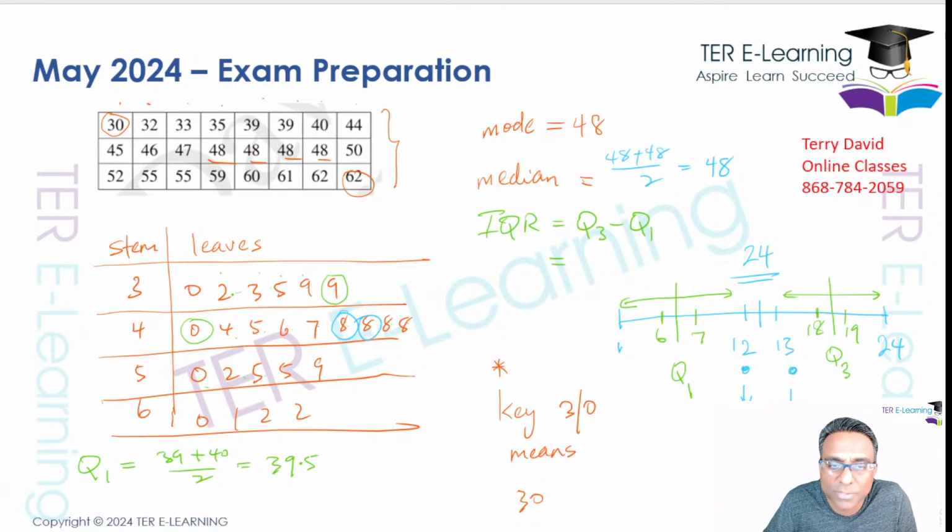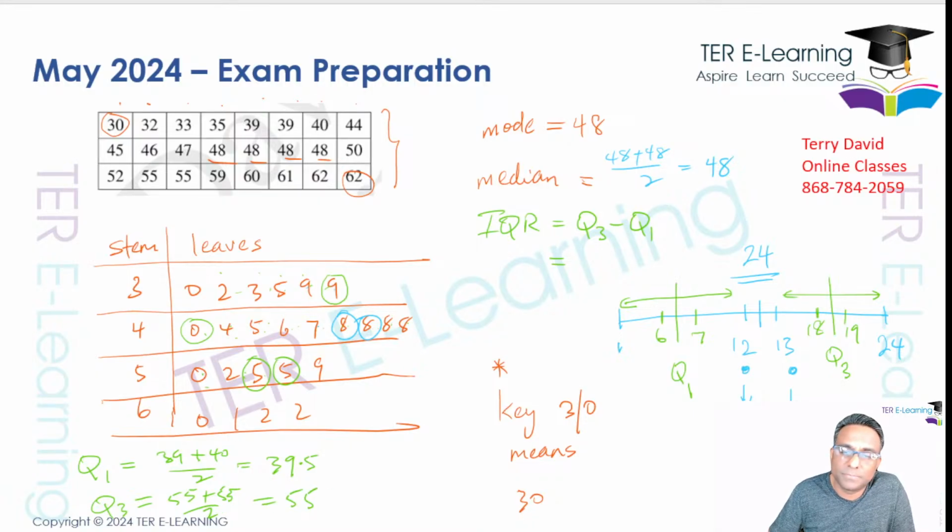Hold on. 1, 2, 3, 4, 5, 6, 9, 10, 11, 12, 13, 14, 15, 16, 17, 18. The 18th and the 19th student will be here, and that is 55. So Q3 is going to be 55 plus 55 all over 2, which gives you 55.